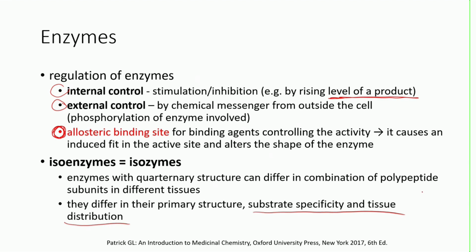One example can be 11-beta hydroxysteroid dehydrogenase. You may remember this enzyme from pharmaceutical chemistry, where it plays the role in reduction or oxidation of cortisone and cortisol respectively. So this enzyme is tissue specific. There is one isoenzyme present in liver and another one in kidney.